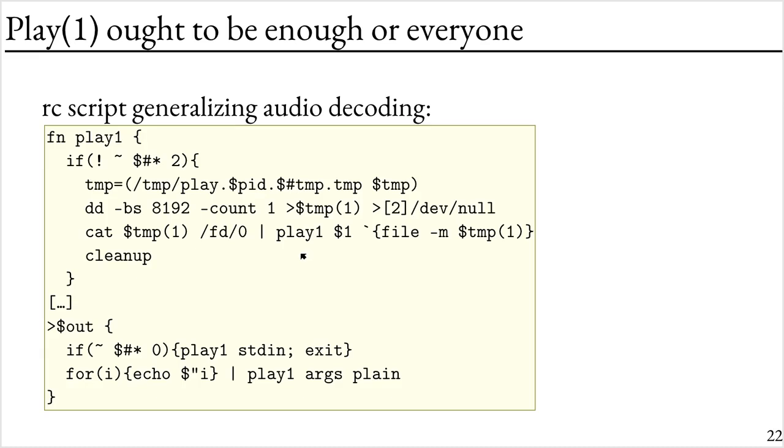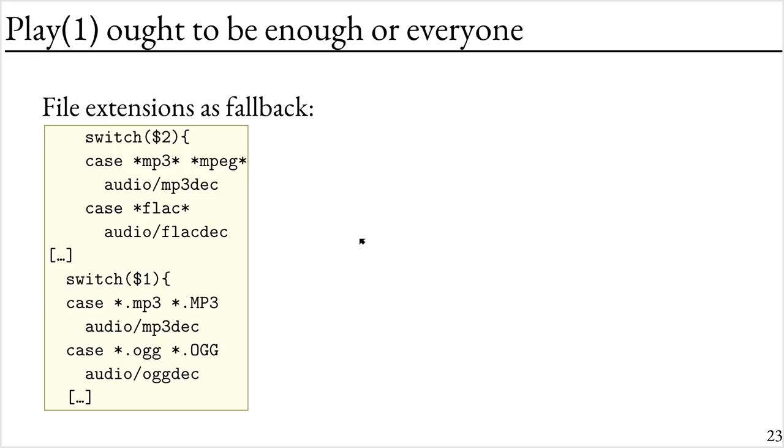So if possible, it can read a small chunk, then run it through file, and then decide what kind of file it is, and choose the right decoder for the job. And it can use, of course, file extensions if that's not possible. But essentially, it just looks like a big switch case like this.